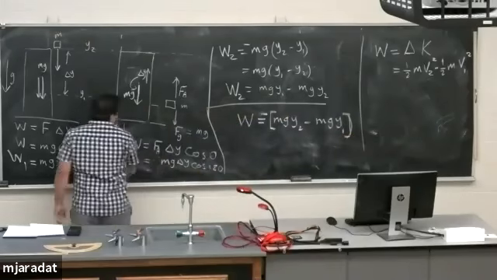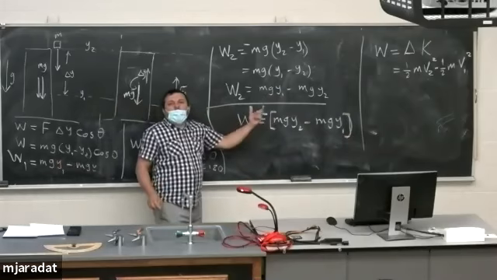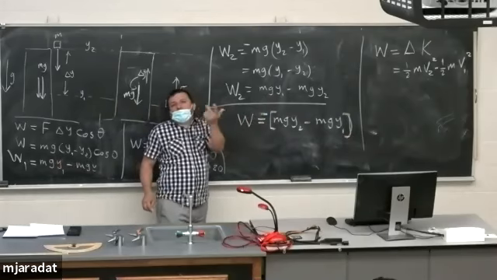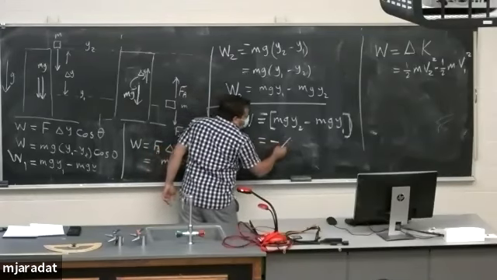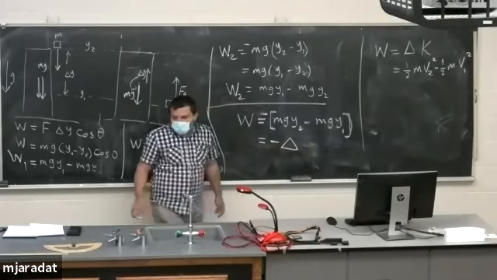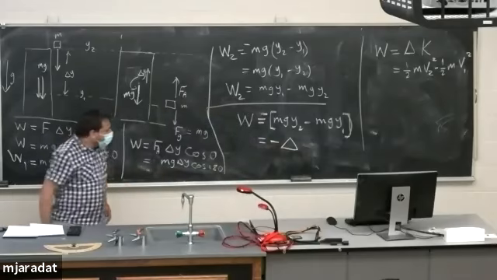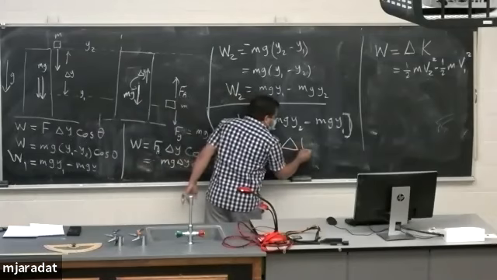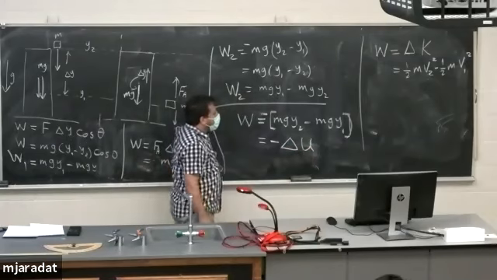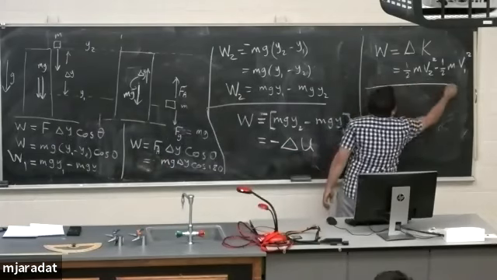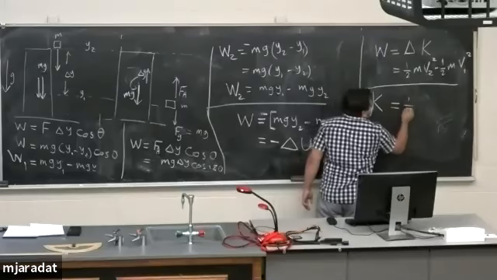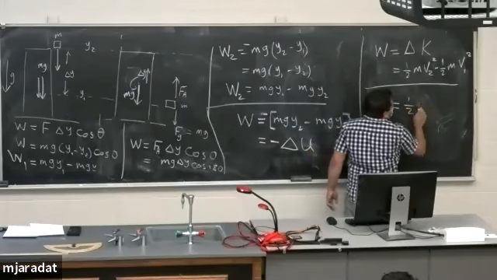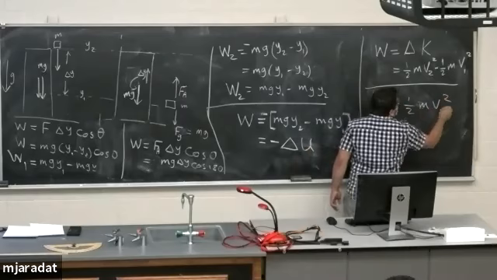If we define mgy as a new quantity, the work will be equal to negative the change of that quantity, which I name U. Now, from before we defined kinetic energy as 1/2 mv squared.